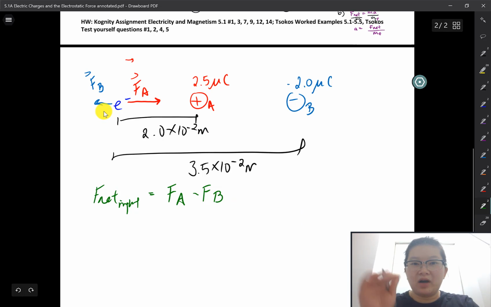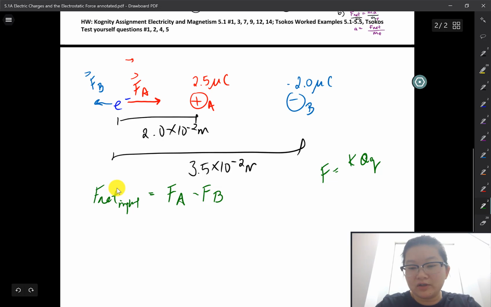So any sort of positive and negative charges, I am not going to include them in my equation. So for example, Coulomb's law is F equals K Q1 Q2 over the distance between their centers squared.